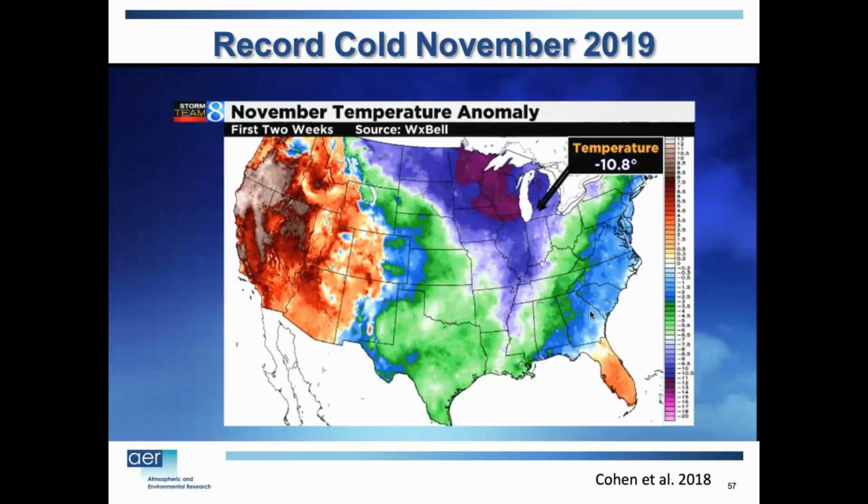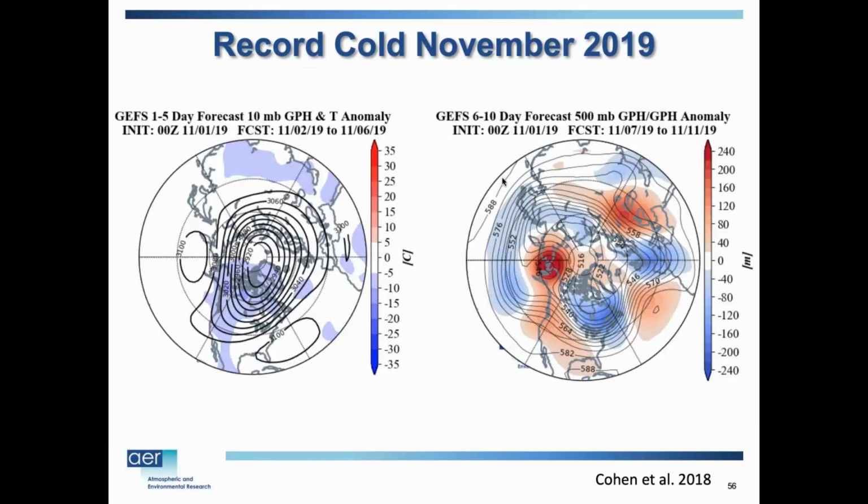Let's pull this off the web very quickly, but we had these really cold temperatures, warm in the west, but really cold east of the Rockies, maybe centered in the Great Lakes and upper Midwest, very consistent with this cluster 4, and I've attributed this record cold we had in early November to cluster 4.